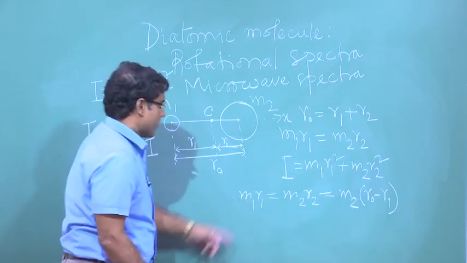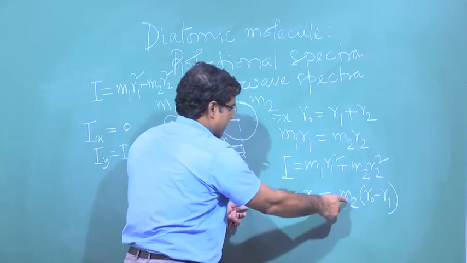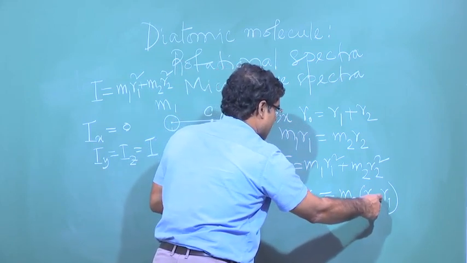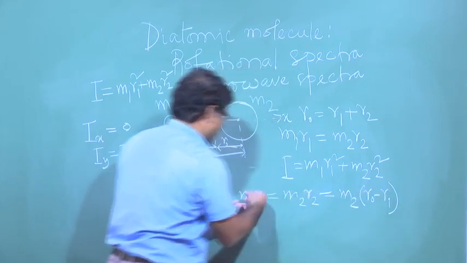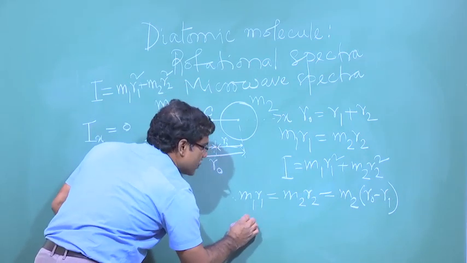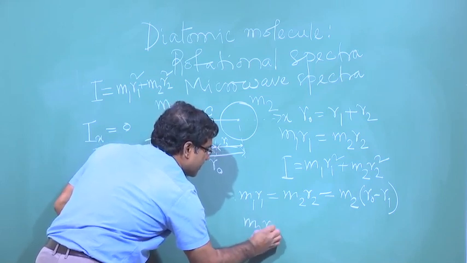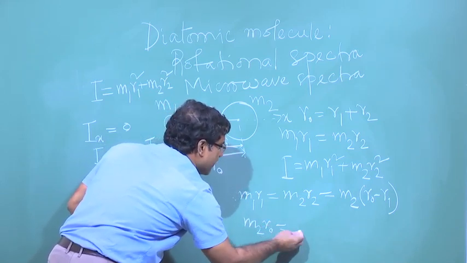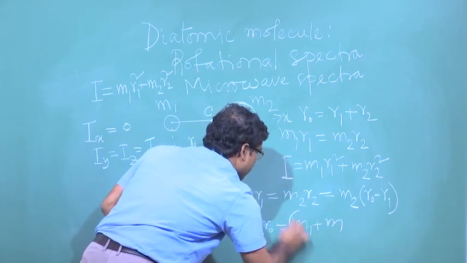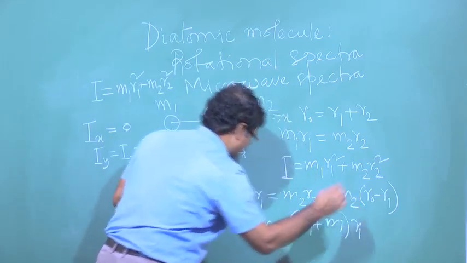Okay. So, from here what you will get? m1 r1 here, m2 r0 minus m2 r1. So, m2 r1 if I take this side, then I will get m2 r0 equal to (m1 plus m2) into r1.